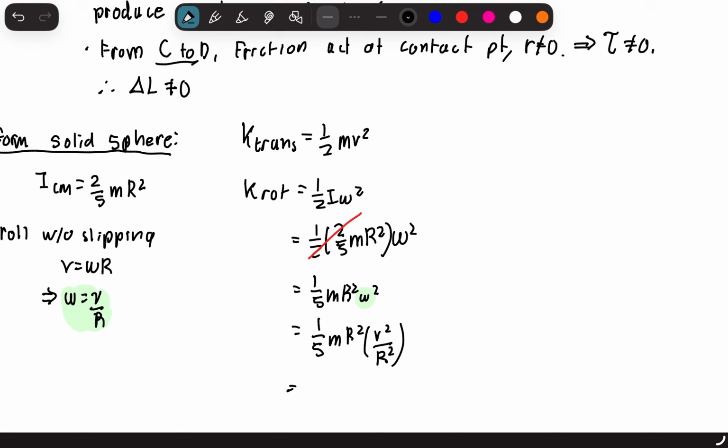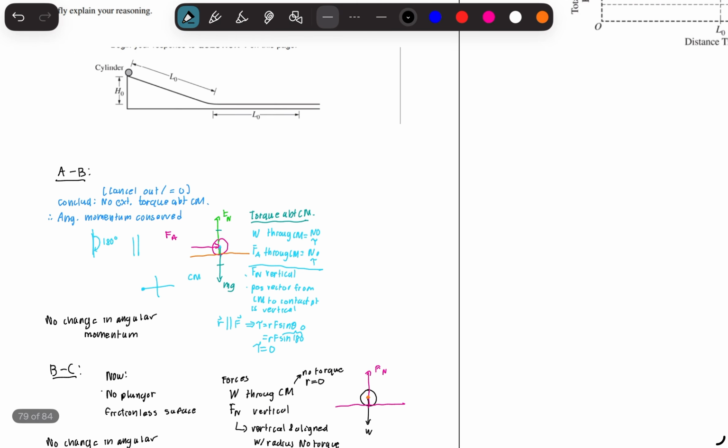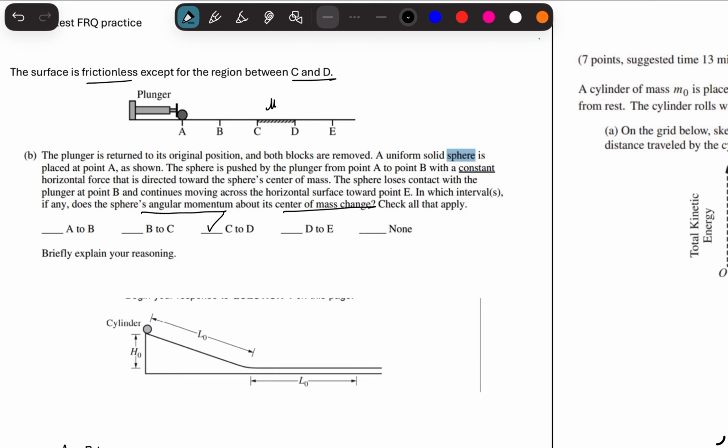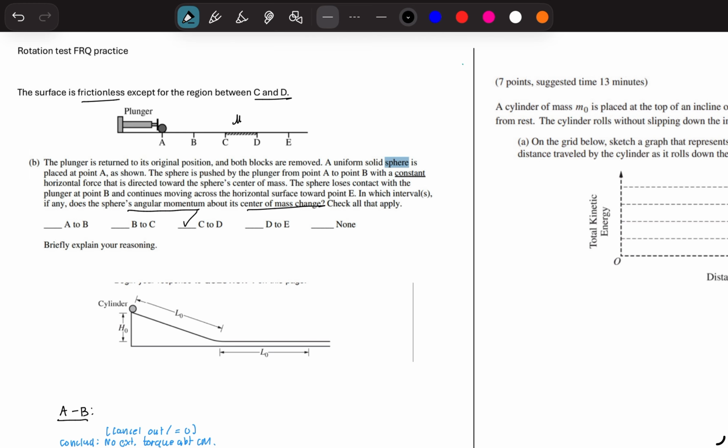That simplifies to canceling out the r squared, leaving 1/5 mv squared. Now, if we want to solve for our total kinetic energy in this setup, we have K translational plus K rotational, because our sphere had to roll in this scenario.